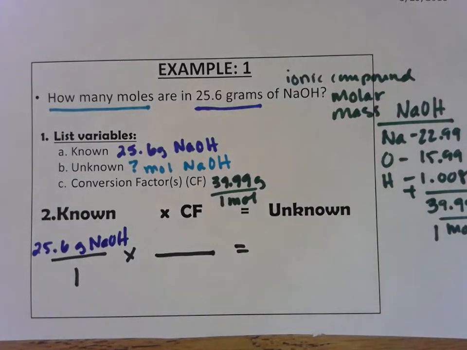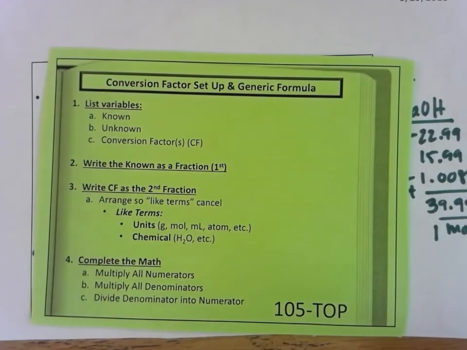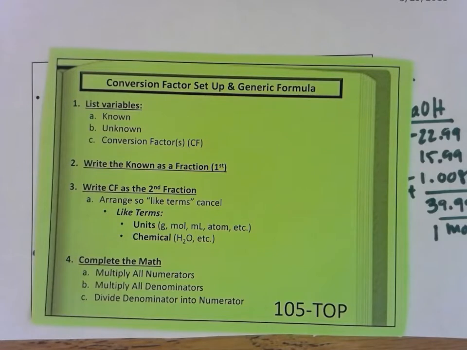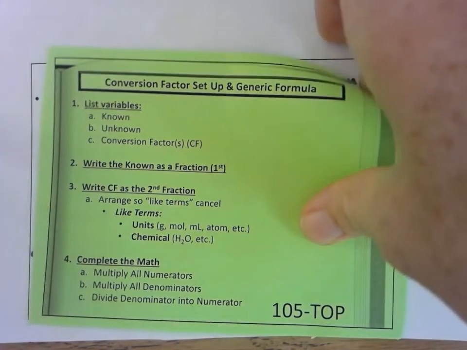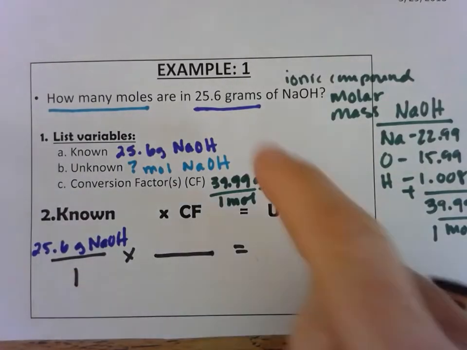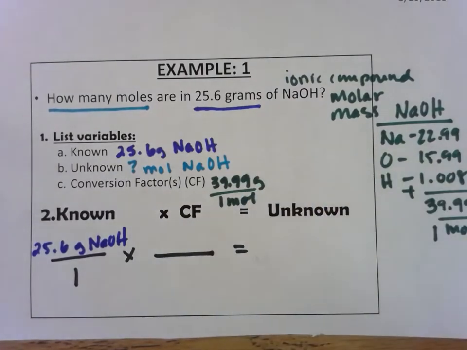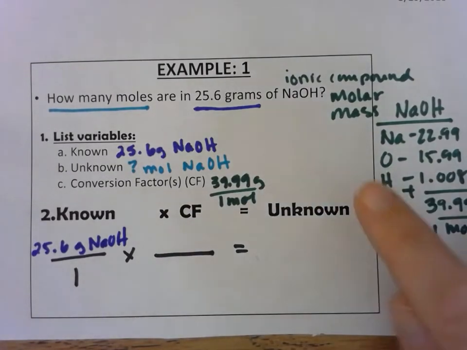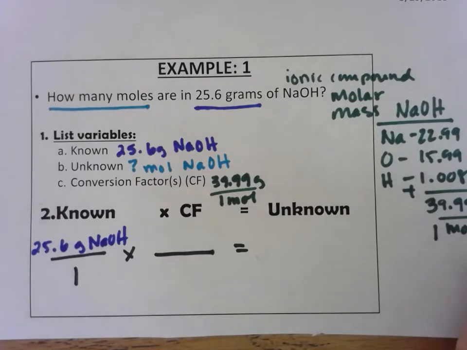Back to my green directions here, it tells me to write the conversion factor as a second fraction. I need to arrange so the like terms cancel, and like terms could be units or chemicals. So let's take a look. We have a unit and a chemical, but my chemical is staying the same, so it doesn't matter. Therefore, my unit is going to be my matching term here.